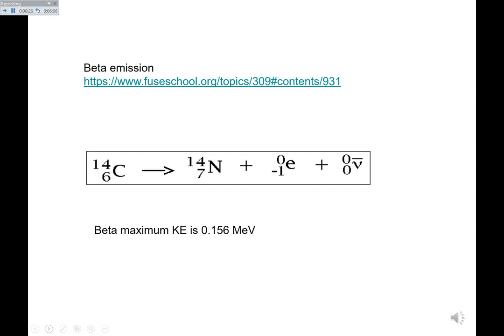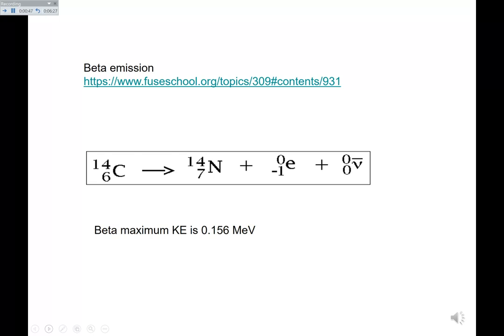Oh, and some of you will have spotted with your eagle eyes that we've got a third element in the decay products. Carbon-14 (14,6) decays to nitrogen-14 (14,7), plus the beta particle, plus something that's got no protons and no neutrons.